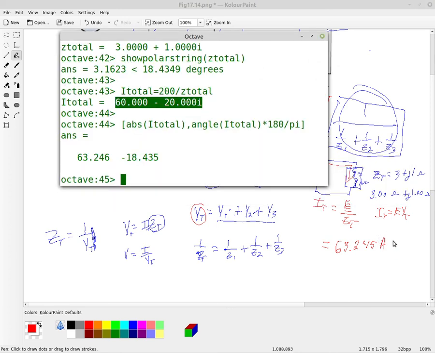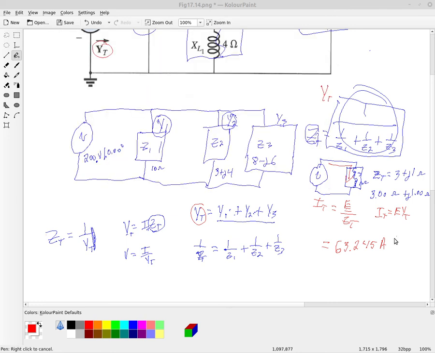And the angle is minus 18.435. Remember that this turned out to be primarily inductive reactive. It had mostly resistance, but then it had inductive reactance in this circuit, which means that the current is lagging, and so that's the minus sign that we have here for our current.